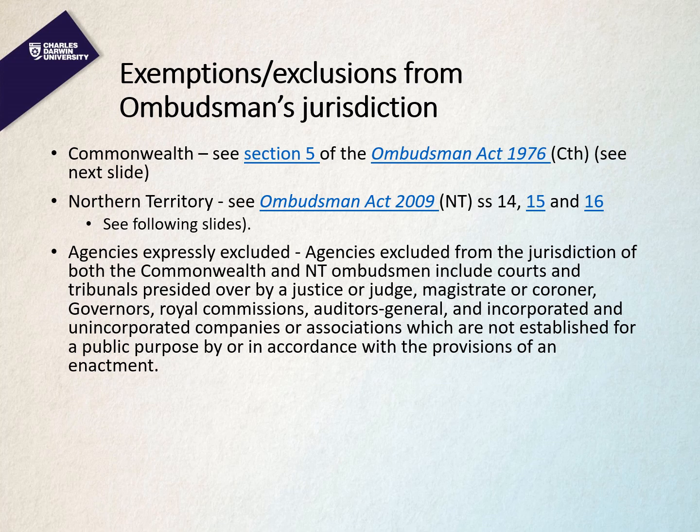So those sorts of bodies are generally expressly excluded from review by the Ombudsman, either because they're regarded as sort of privatised functions, or more commonly because they're bodies, individuals or institutions that are judicial or quasi-judicial and therefore are part of a hierarchy where there's appeals and reviews anyway.